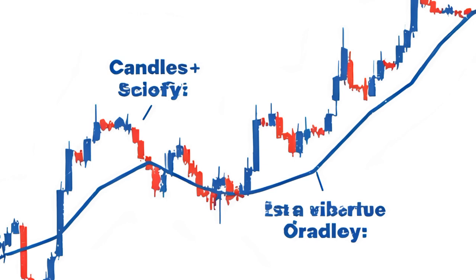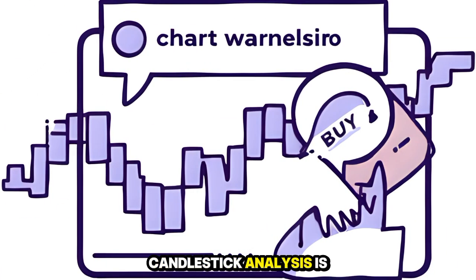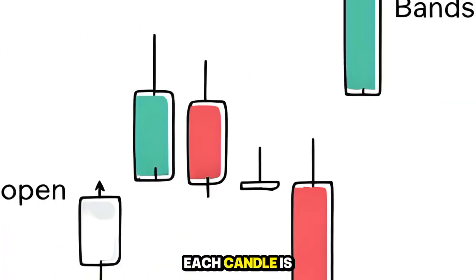Closing thoughts. Candlestick analysis is not about memorizing patterns. It's about understanding behavior. It's about watching how crowds of traders act under pressure. Each candle is a heartbeat of the market. Together, they form its pulse. When you learn to read that pulse, you begin to move in rhyme with the market, not against it.